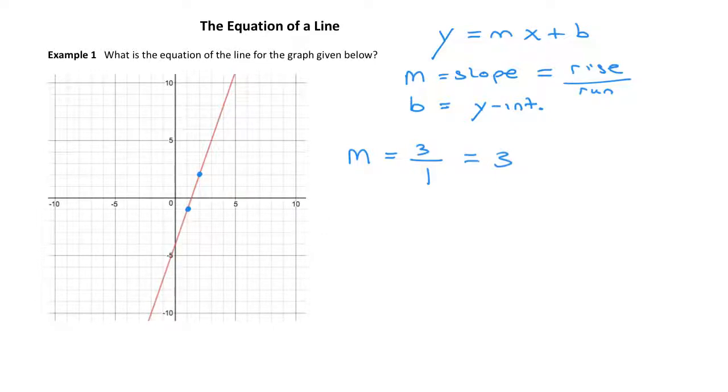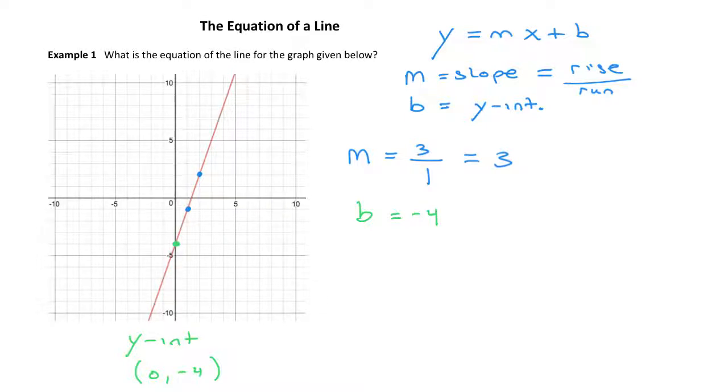The only other thing we need to know is, what is this value b? So it's going to be the y value of the y-intercept, and I can see that that is right here. So I'm going to mark that on my graph as well. This is the point for the y-intercept. It's (0, -4), but b actually represents the y value for this point. So b is equal to -4.